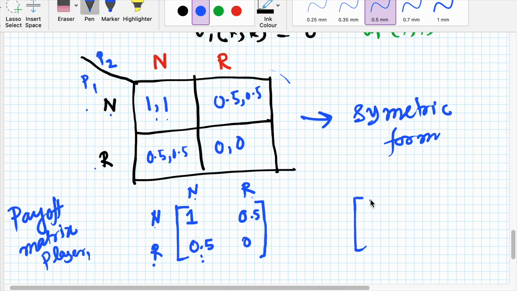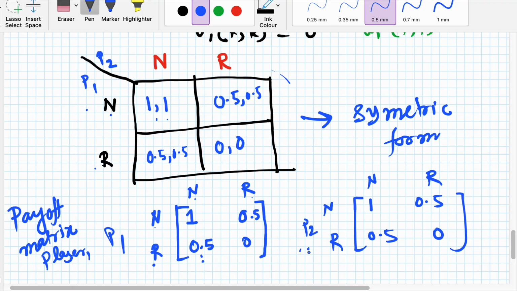So that will be the same: 0.5, 0.5, 0, and these represent N, R. Now in the case of player 2, I am representing player 2's action in the row, so player 2's action is N and action is R, and in the column I am representing player 1's action. So this is what a normal form game is.